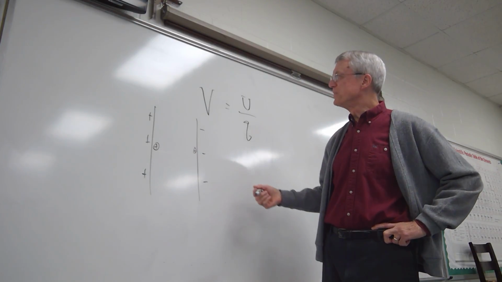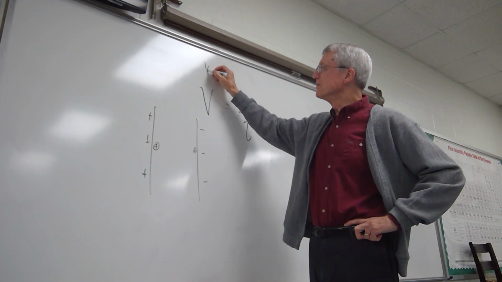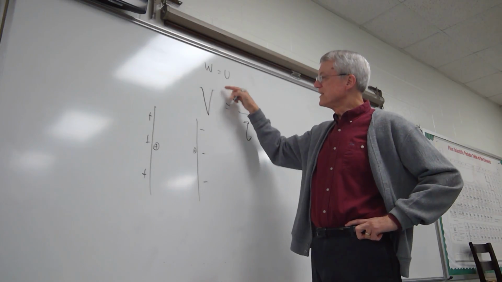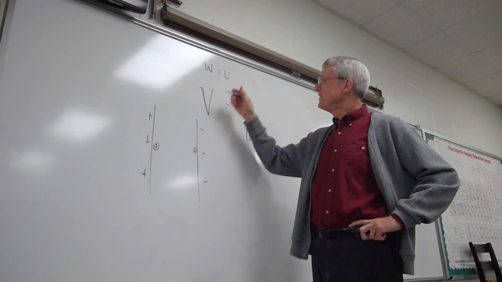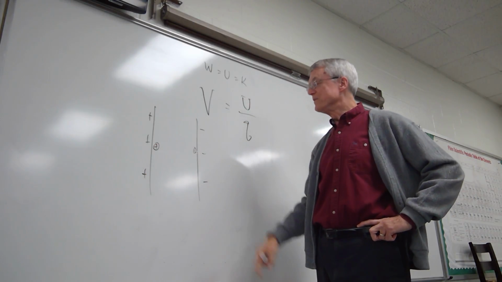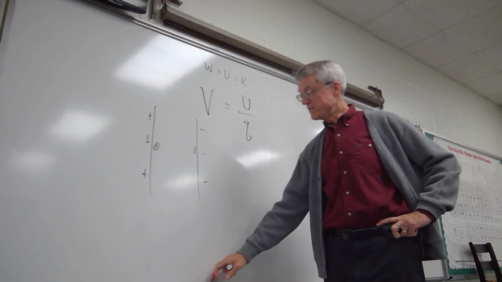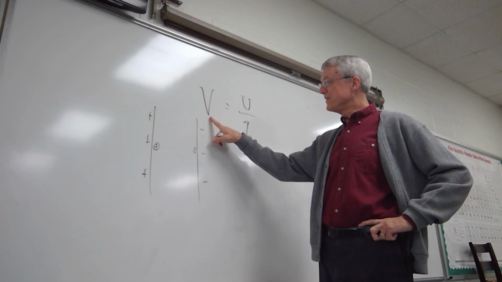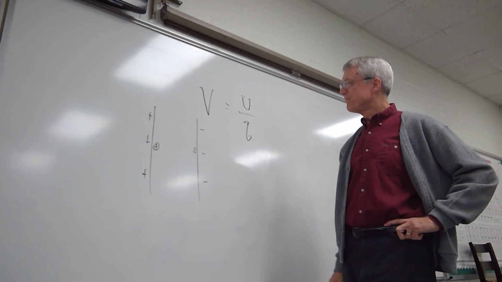And so we talked a little bit about the conservation of energy, that the work to move it to the left is equal to the potential energy it has when it's over on the left, and that's equal to the kinetic energy it would have if you let go and it moved to the right. Conservation of energy. All right, but none of that's about V, all that's about energy.